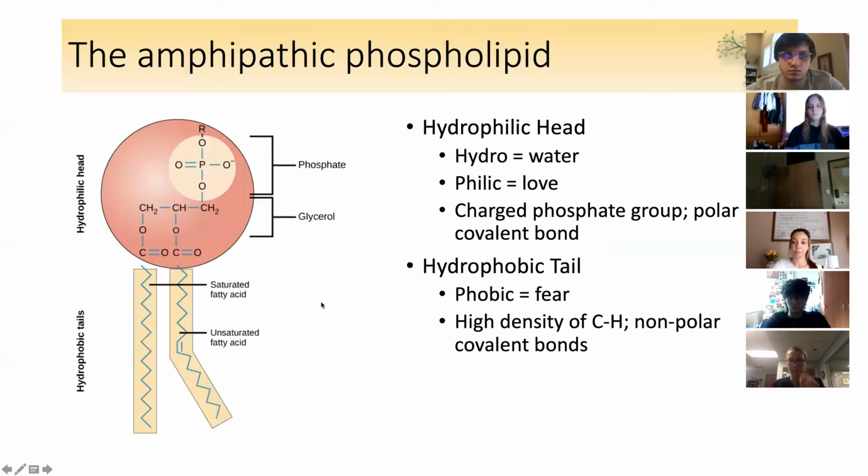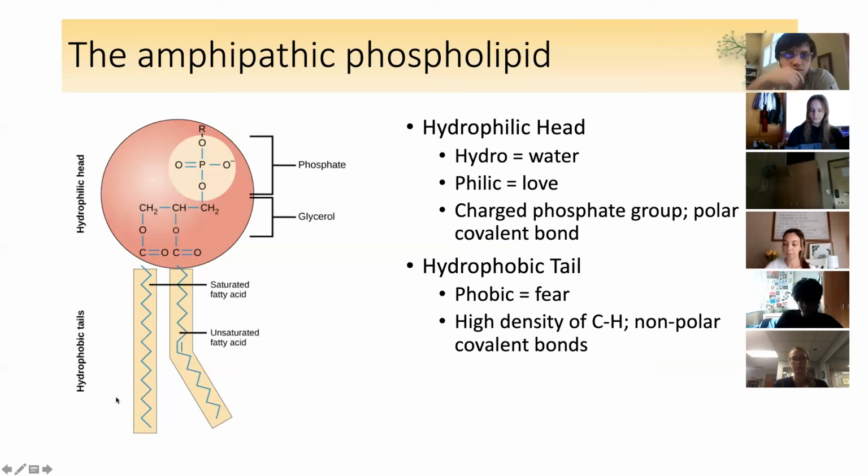So let's just review our favorite amphipathic molecule, right, the phospholipid. We noticed that the head of this is hydrophilic. It has specific charges, as well as we will see some of those polar covalent bonds in several areas, giving this an overall polar aspect, making it want to interact with water.